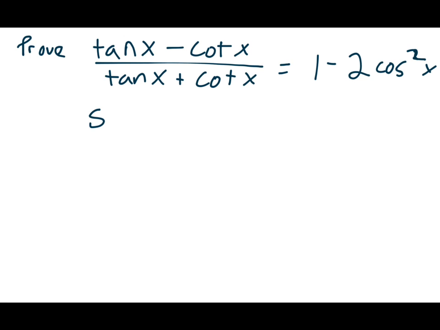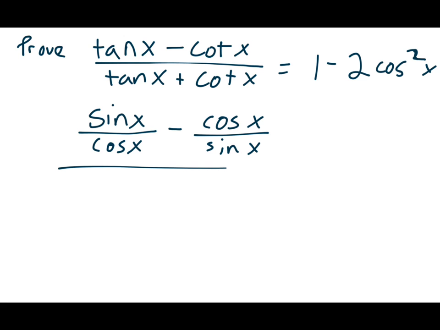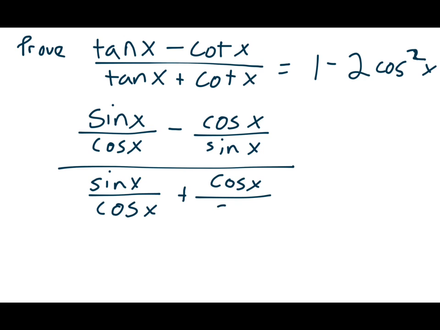So this is going to be sine of x over cosine of x minus cosine of x over sine of x, all over sine of x over cosine of x plus cosine of x over sine of x. Okay? I have to get a common denominator.